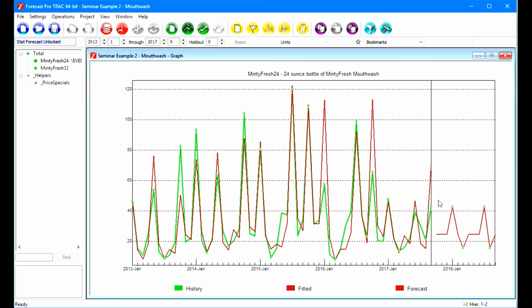Now, one of the things that people frequently comment on is that the spikes in this forecast period seem small relative to many of these historic spikes. And that's certainly true. But if you look towards the end of the data here, you see that the spikes were getting smaller in the last year of the historic demand. So an event index model is an extension of an exponential smoothing model.